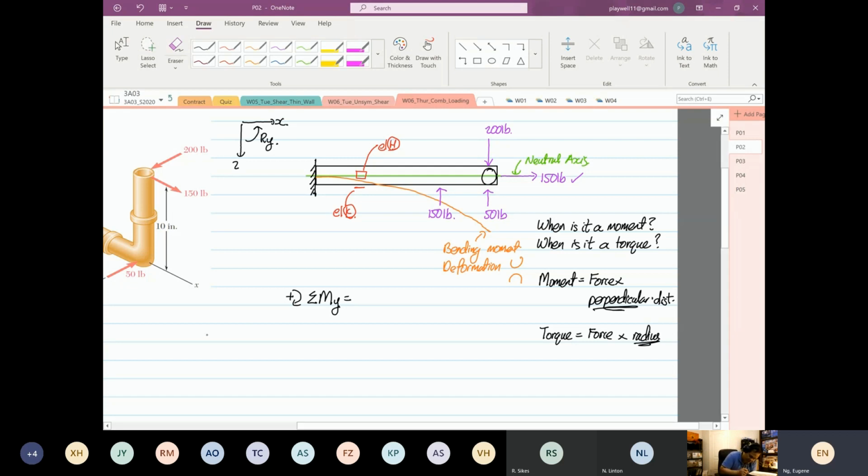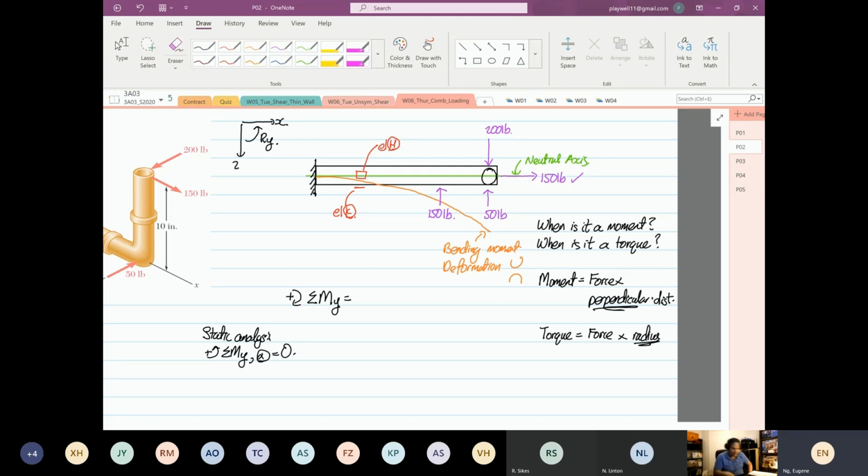In static analysis, when you write it out, you will say summation of moment in the y direction at a certain point alpha is equal to 0. This is static analysis. What I'm doing now is not static analysis. I'm just summing all the moments.